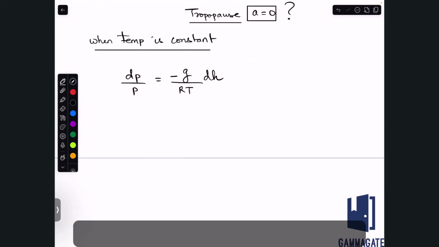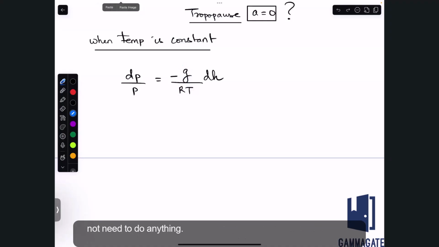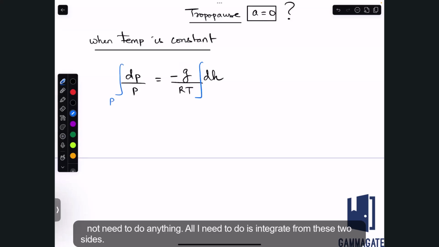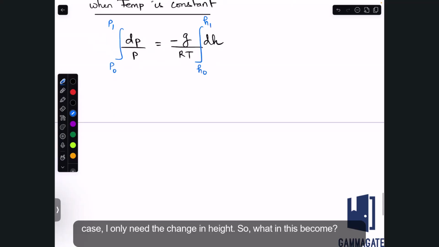In this case, the temperature is constant, gravity is constant, and the value of R is constant. So I don't need to do anything. All I need to do is integrate both sides, from P naught to P1 and from h naught to h1. In this case, I only need the change in height. So what will this become?